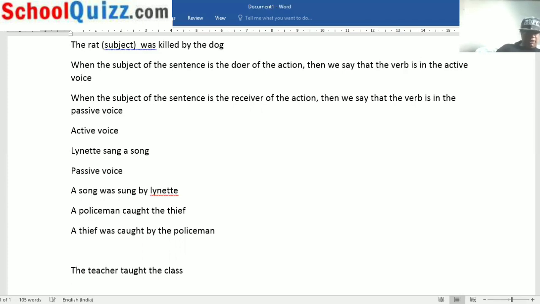But I could very well say the class was taught by the teacher. Now the class is the subject, but the doer of the action is the teacher, right? So we inverted the sentence. Now the subject is receiving the action. So that becomes the passive voice.